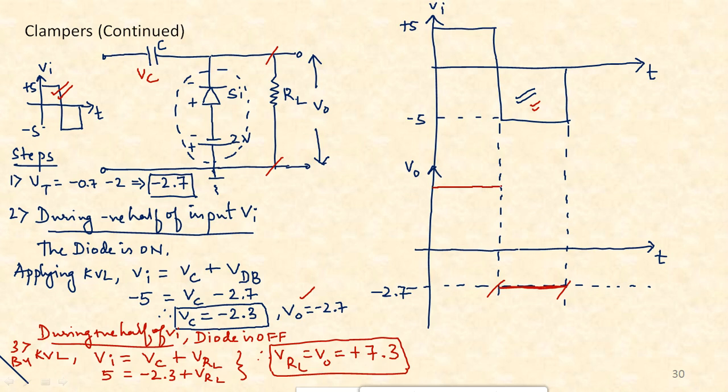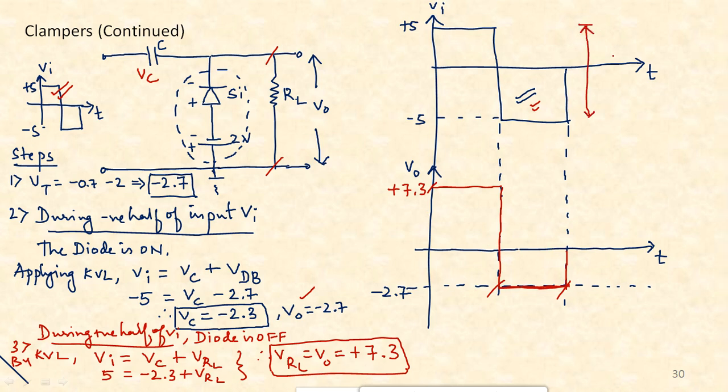So I'll have to indicate plus 7.3 volts here, and then I'll be just joining them because the transition happens instantaneously. Now if I want to draw the things, can you tell me whether the output levels are correct or not? We'll have to cross verify it now.